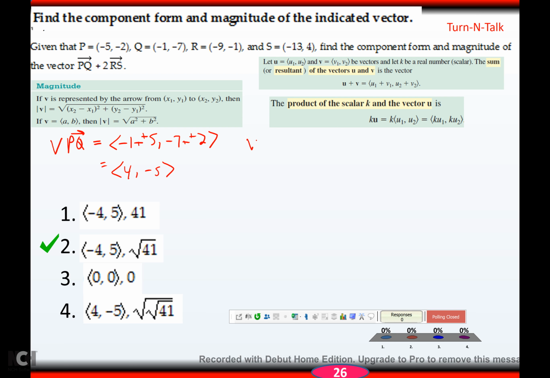If I find vector RS, that is going to be negative 13 minus a negative 9 and 4 minus a negative 1. Double negatives, so that's going to give me negative 4, comma 5.